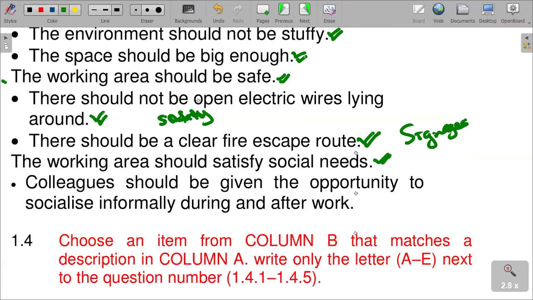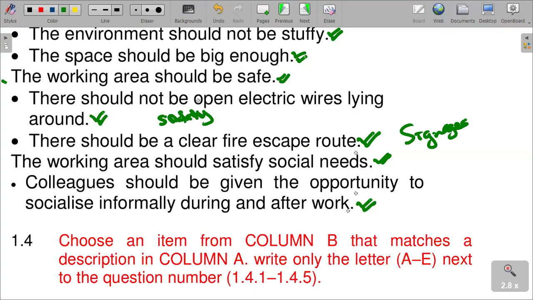And then colleagues should be given the opportunity to socialize informally during and after work. Informal socialization or informal groups help people to share whatever is affecting them at the workplace. Socialization at an informal level can also help to disseminate information and for people to be free and flexible with regard to each other.